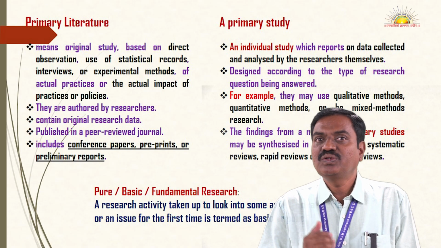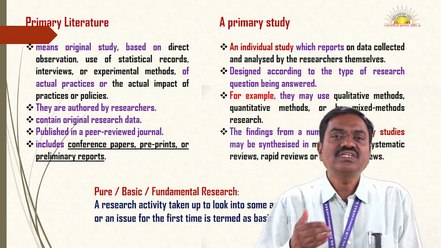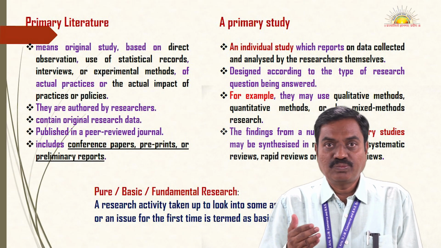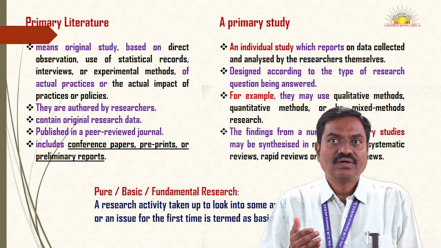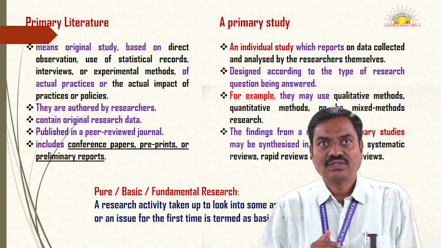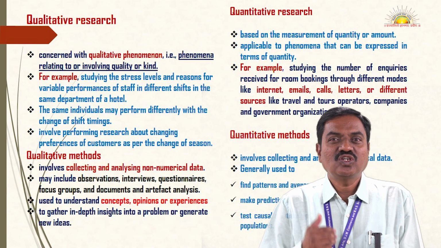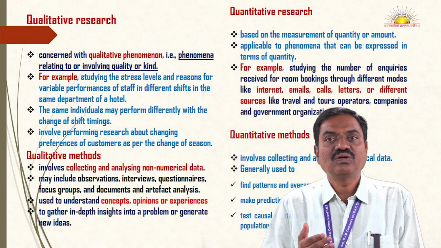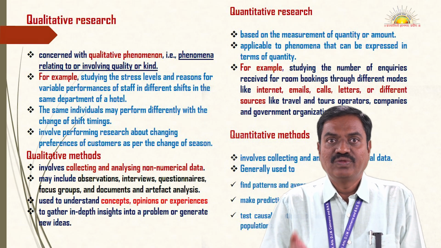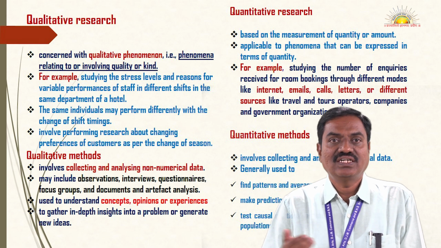The next term is pure, basic, or fundamental research. A research activity taken up to look into some aspects of a problem or an issue for the first time is termed as basic or pure. The next term is qualitative research. Qualitative research is concerned with qualitative phenomenon, that is, phenomena relating to or involving quality or kind.